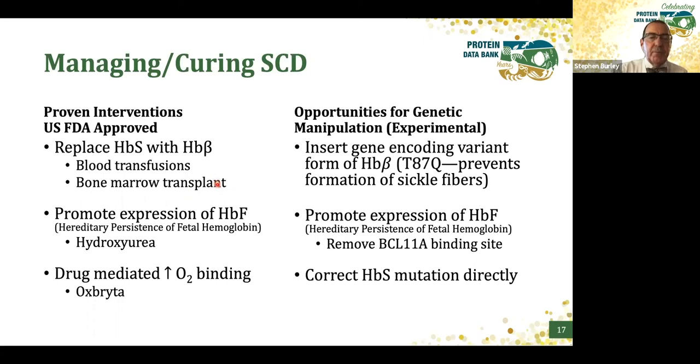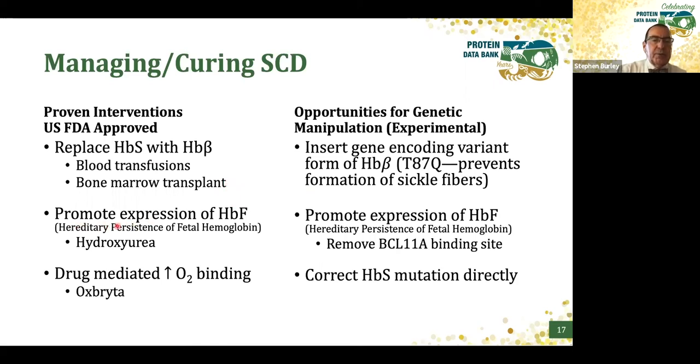So this would be one of the siblings who was lucky enough that they didn't inherit either copy of the valine 6 variant of the beta chain from the parents, and doing bone marrow transplantation. And that has been successful. It's very expensive, and it carries with it a non-trivial mortality rate during the time that the patient's bone marrow has been destroyed and the new bone marrow from the donor is engrafting in the recipient's bones.